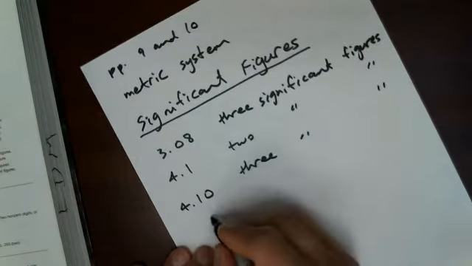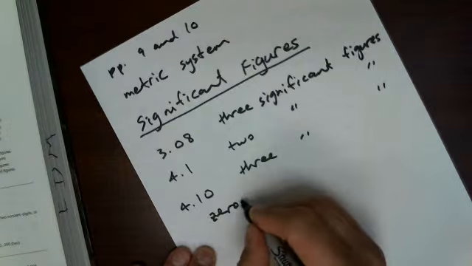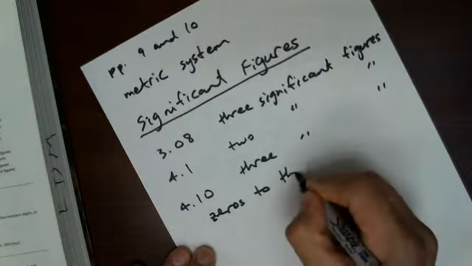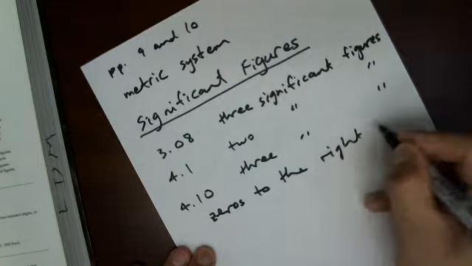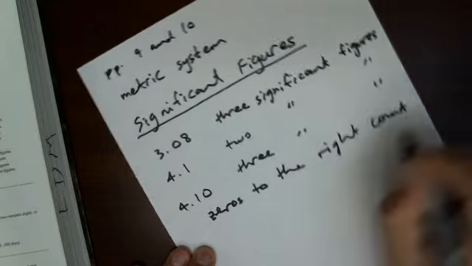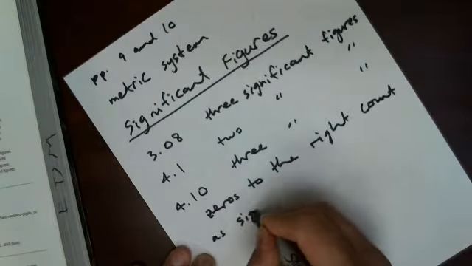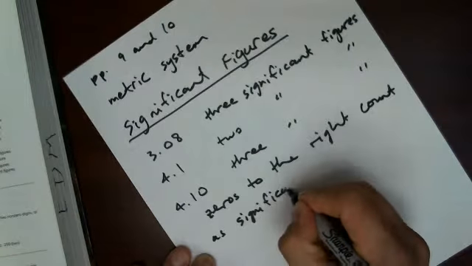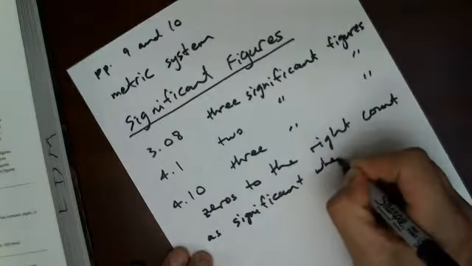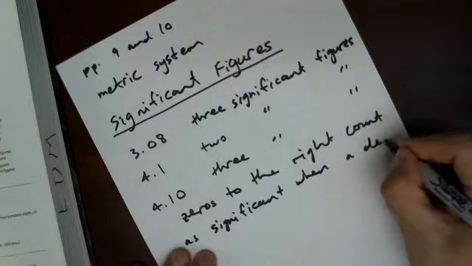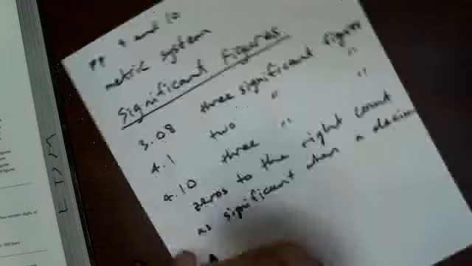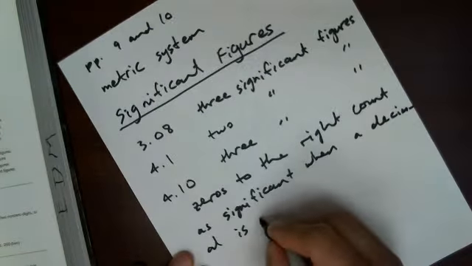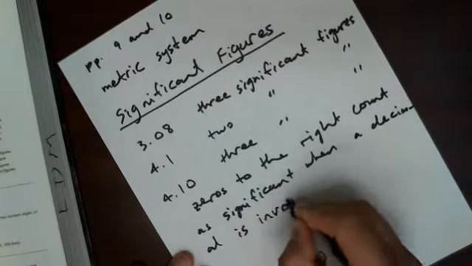This is because zeros to the right count as significant when a decimal is involved.